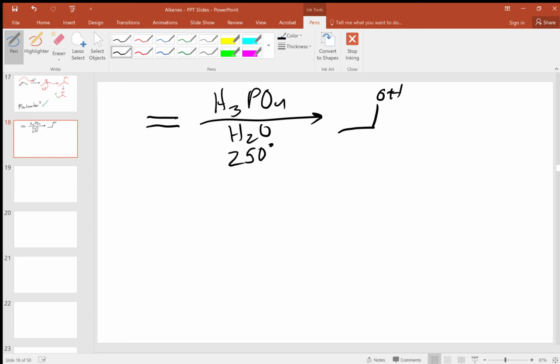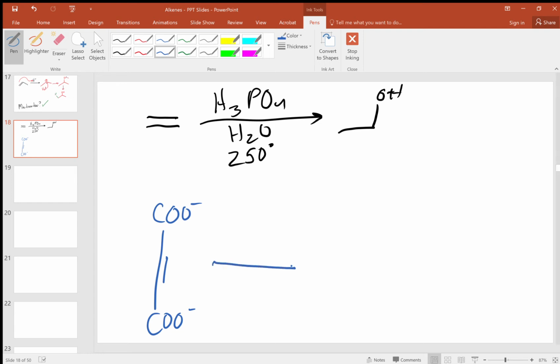But maybe a more interesting one to you is the following. So here's almost a carboxylic acid. It's not a carboxylic acid because the two hydrogens are missing.